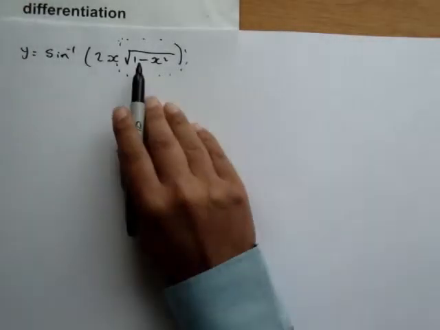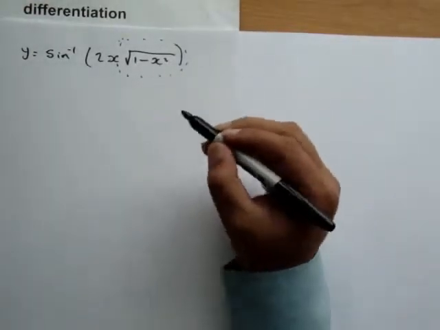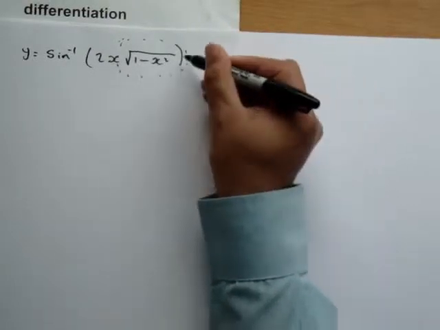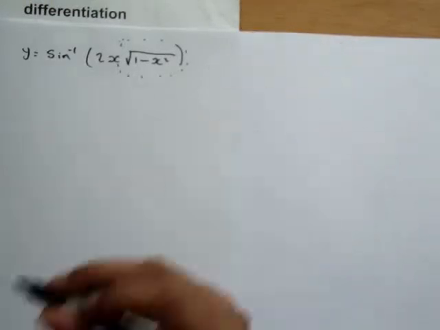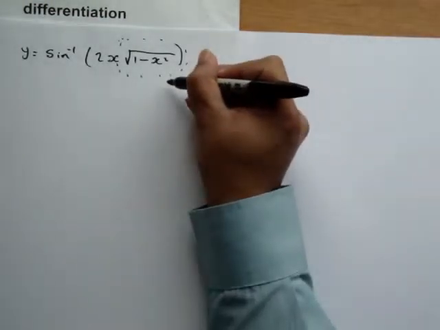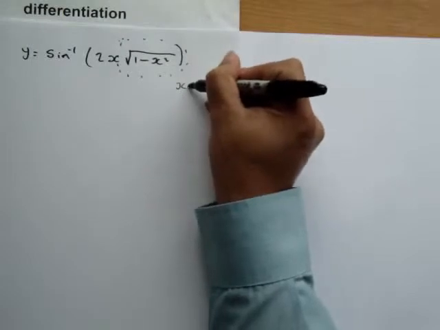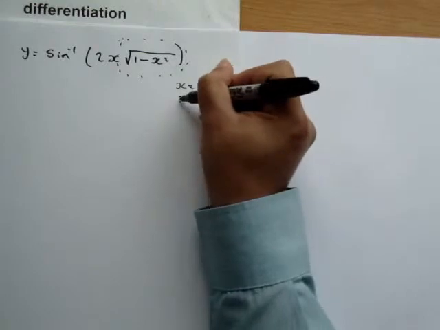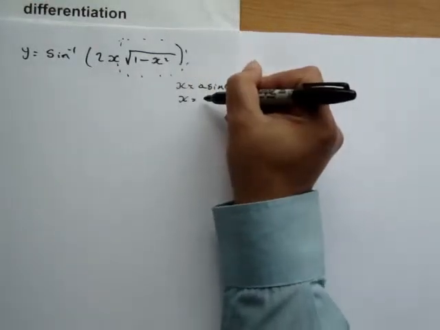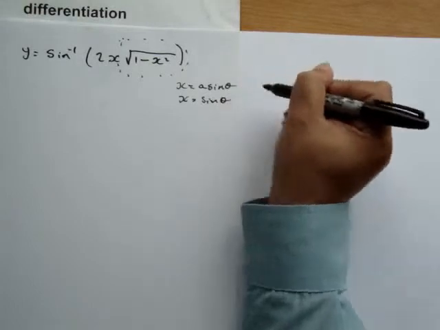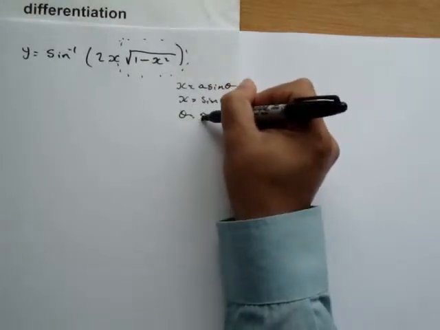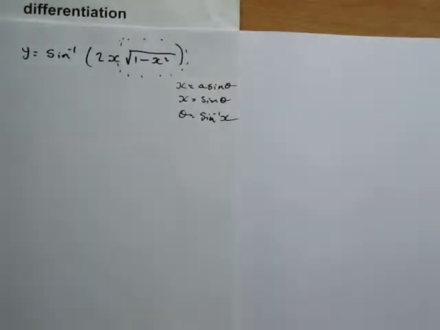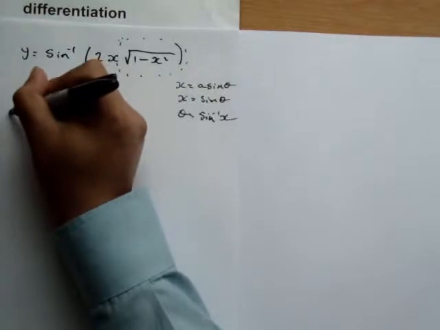So looking at 1 minus x squared, from our previous rules we know we can have that as a sine: x equals a sine theta, where a is 1, so x equals sine theta, and theta is inverse sine x. Now we do the substitution.